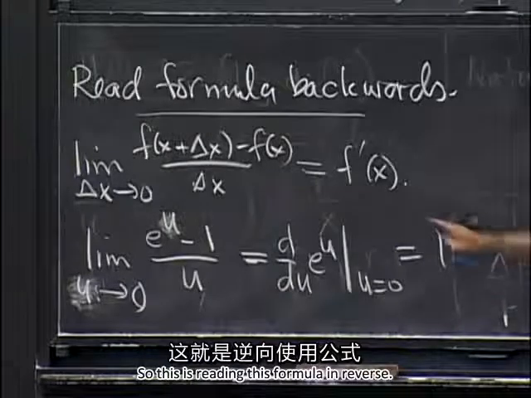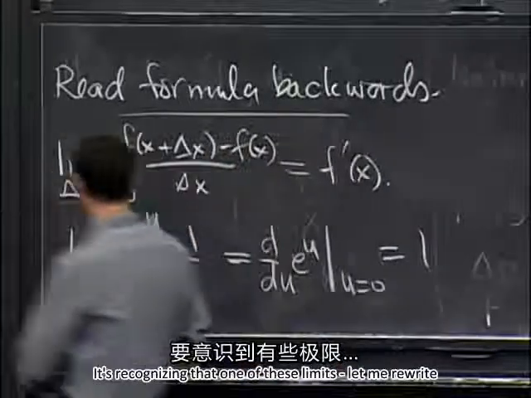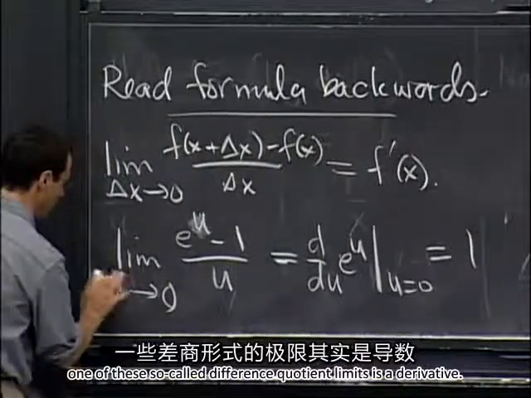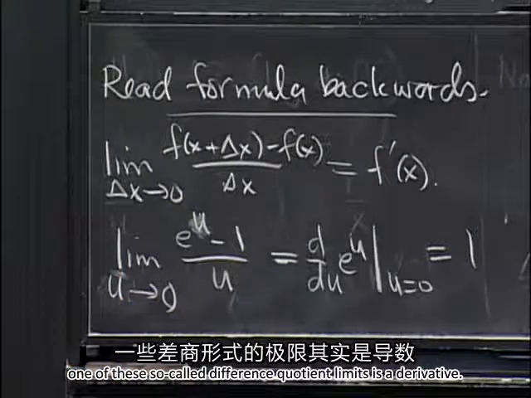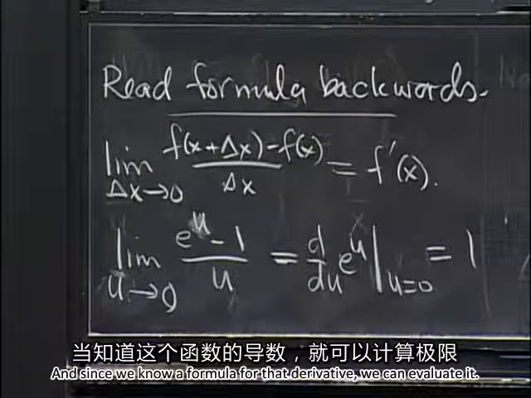So this is reading this formula in reverse. It's recognizing that one of these so-called difference quotient limits is a derivative, and since we know a formula for that derivative, we can evaluate it.